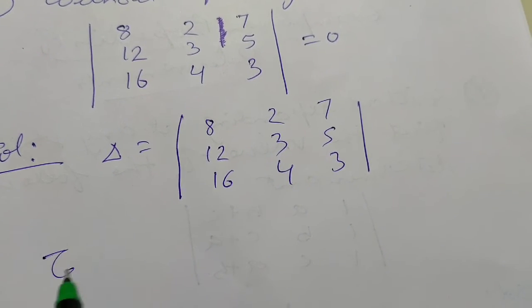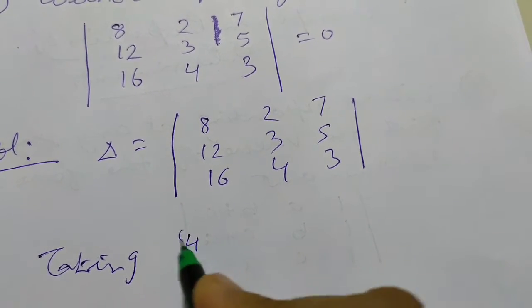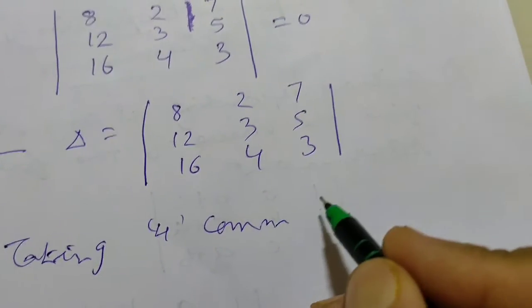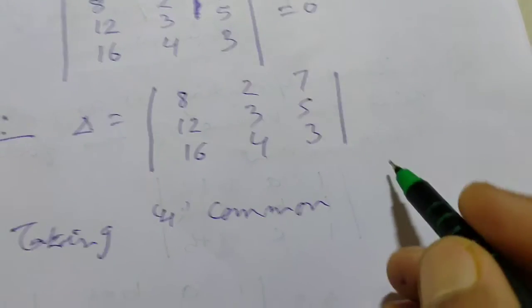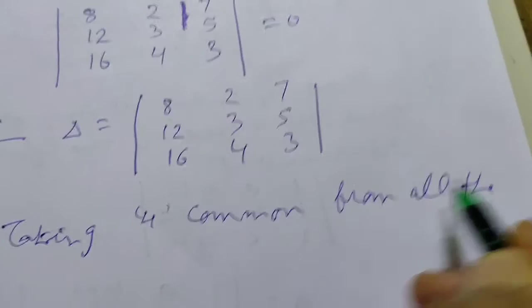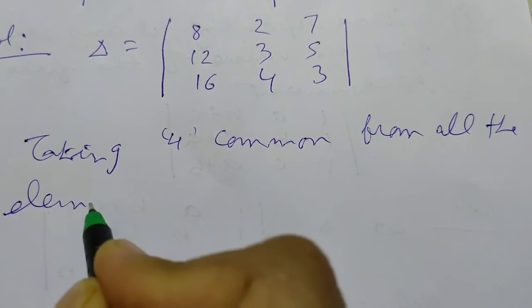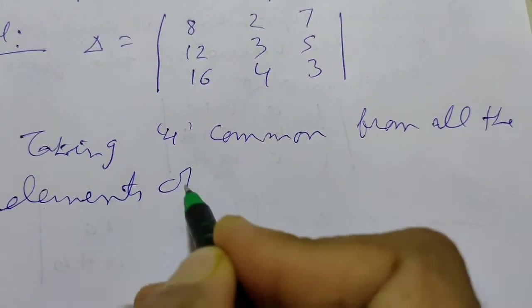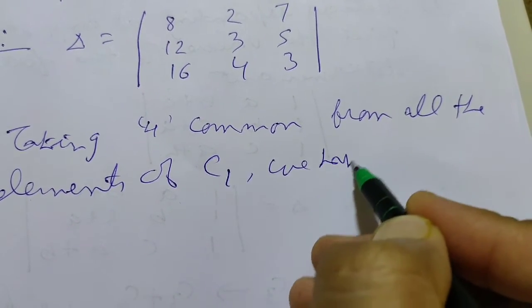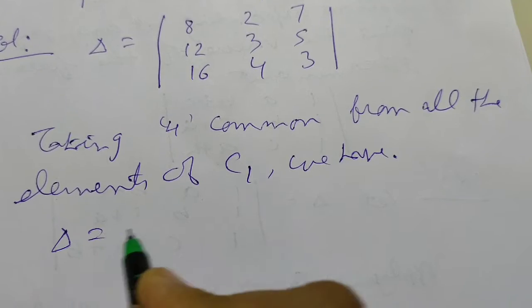Next step, taking 4 common from all the elements of column 1, we have delta equal to 4.